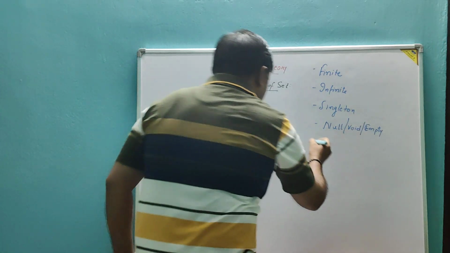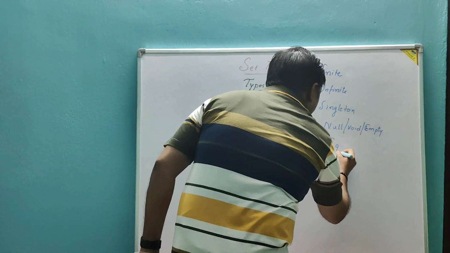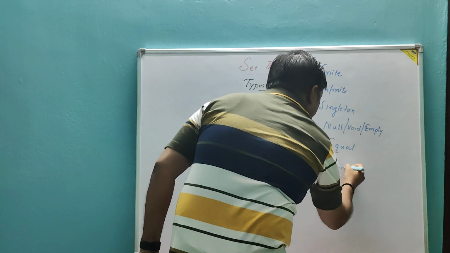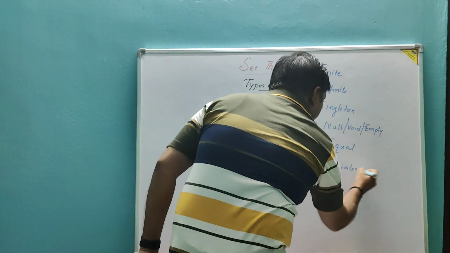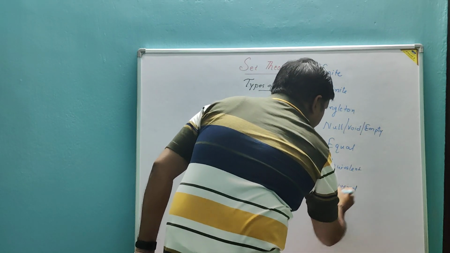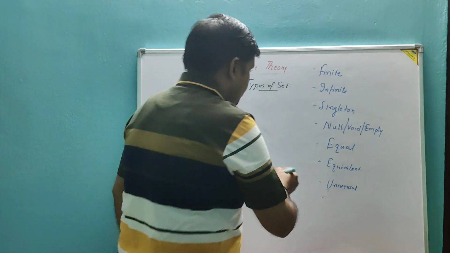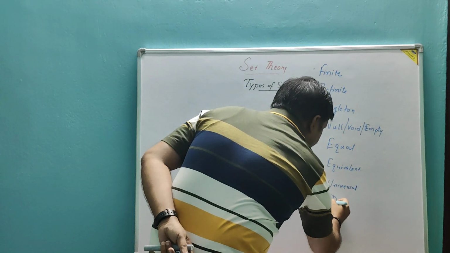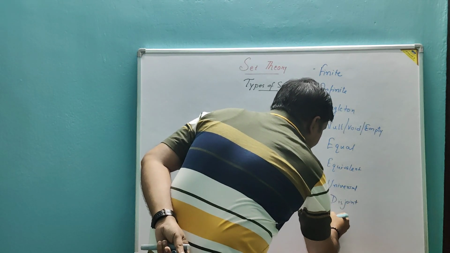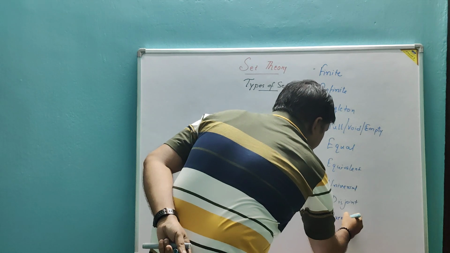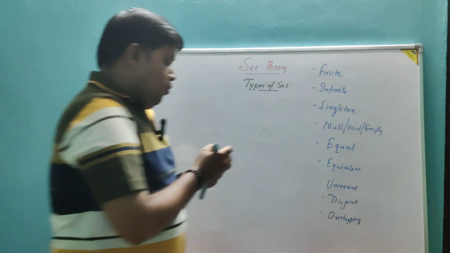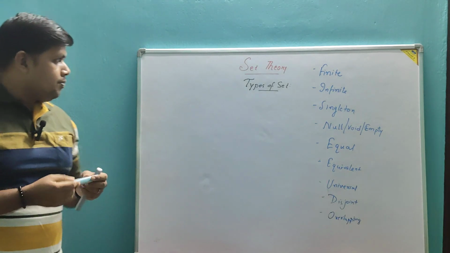Next is the equal set, equivalent set, universal set, disjoint set, and another one is overlapping set. So we will look into these different types one by one.